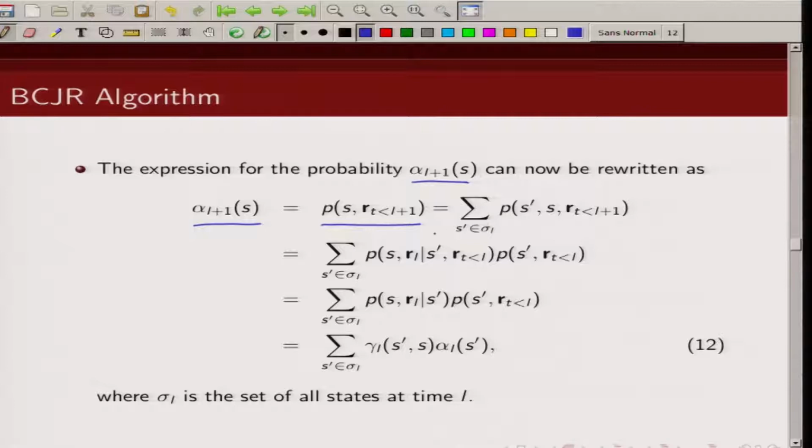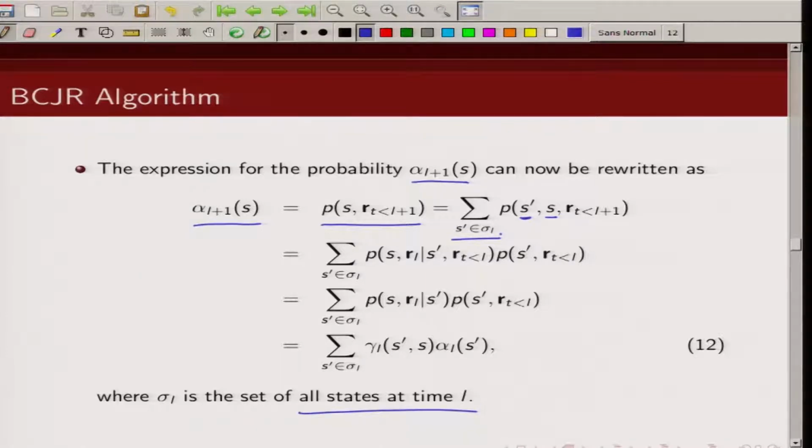Now, I can write this by adding a new variable, which is the previous state s hat, and summing over all previous states. So, what is this? Summation over s hat belonging to all possible states at time l.